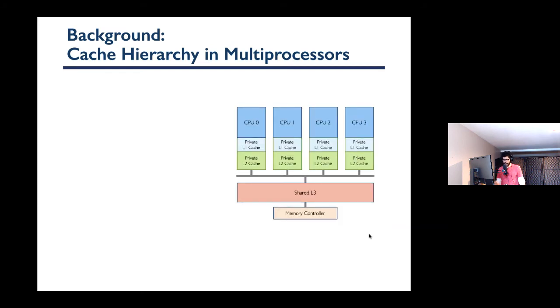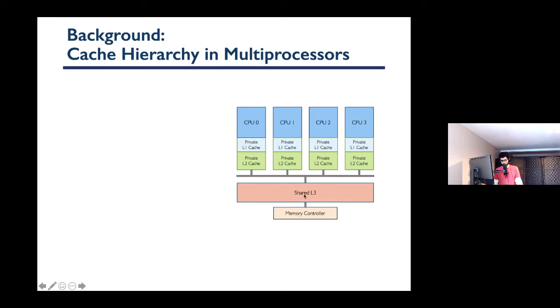So this is a typical multiprocessor architecture. You have your CPUs, a bunch of them. Each one of them has its own private L1 and L2 caches. These are private, meaning that only CPU 1 can access its caches, only CPU 2 can access its caches, and only CPU 3 can access its caches.